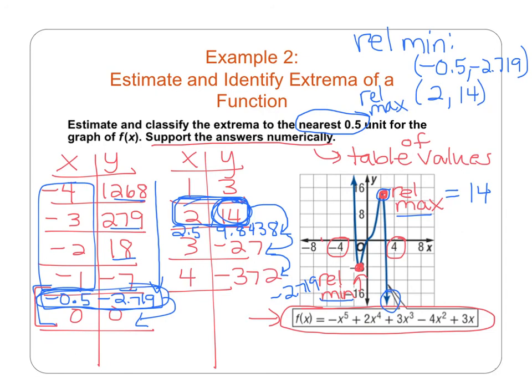Now, what we have here is just a relative min and max. We have no other extrema. We have no absolute extrema because our end behaviors are pointed in opposite directions. So the absolute y value would be positive infinity, and the absolute y value would be negative infinity, because our range is from negative infinity to positive infinity.